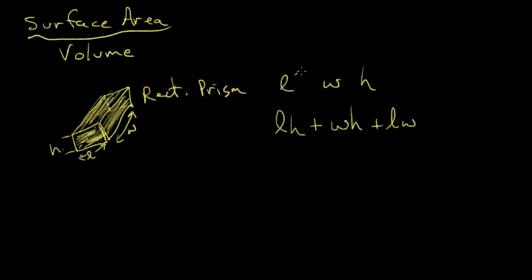So you notice that you're multiplying length times height is your first one, width times height is the next one, and then the last one is length times width. But that's only 3 sides of this prism, isn't it?